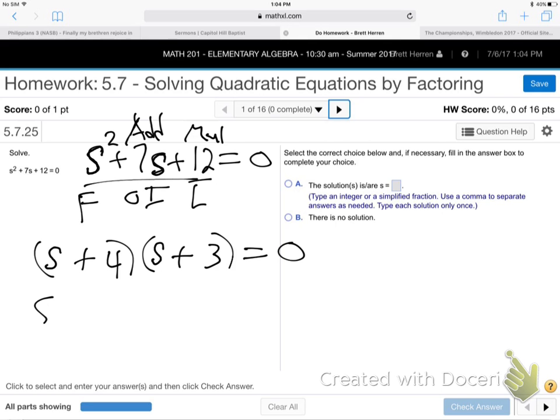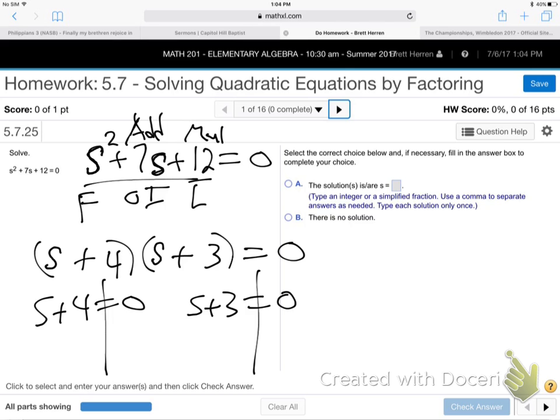What is that step? You take each of the parentheses parts, well, not just parentheses, but any part that has a letter, and set it equal to 0. It gets its own 0. We're going to have 2 equal zeros there. And then solve each one separately. How do you get s alone here?